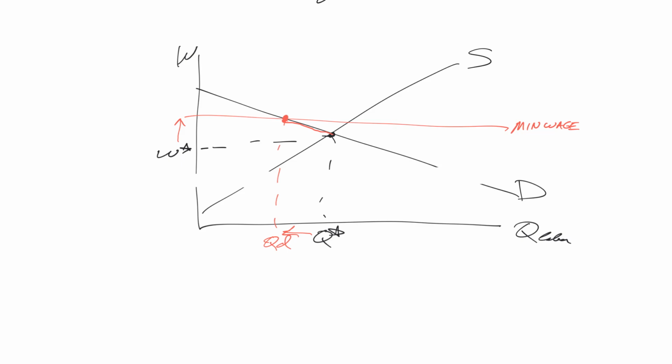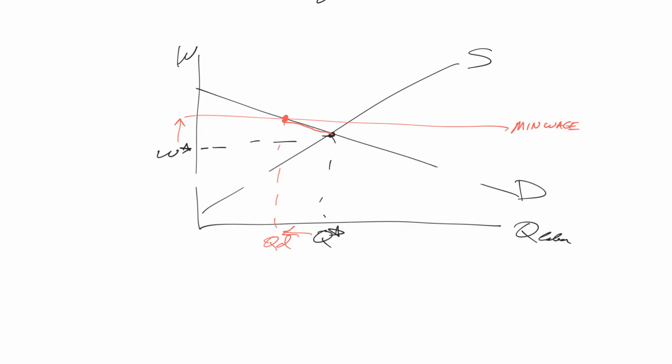And you know what? In some places, that's going to cause structural unemployment. In other places, it won't. Depends on the cost of living. So you can't just have the same minimum wage everywhere in the country. Okay, though politicians, some of them don't seem to understand that.